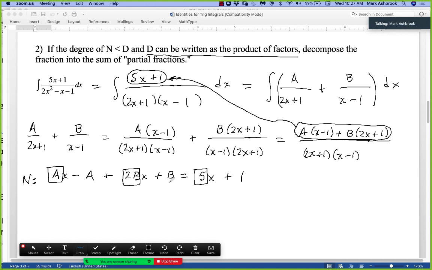And then I've got my constant terms, minus a and plus b. Those have to equal plus 1. So a plus 2b has to be 5. When I add together these two, I need the resulting coefficient to be 5. When I add together the constants, I need to have 1.